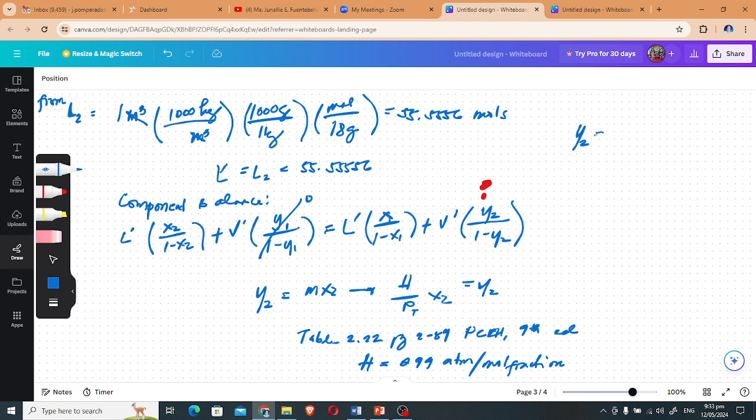So y2 is equal to your 299, the constant, divided by the total pressure of the system as it enters the column. That's 2 atm, and we have here x2, the x2 that we have computed a while ago, which is 1.84607 times 10 raised to negative 6.